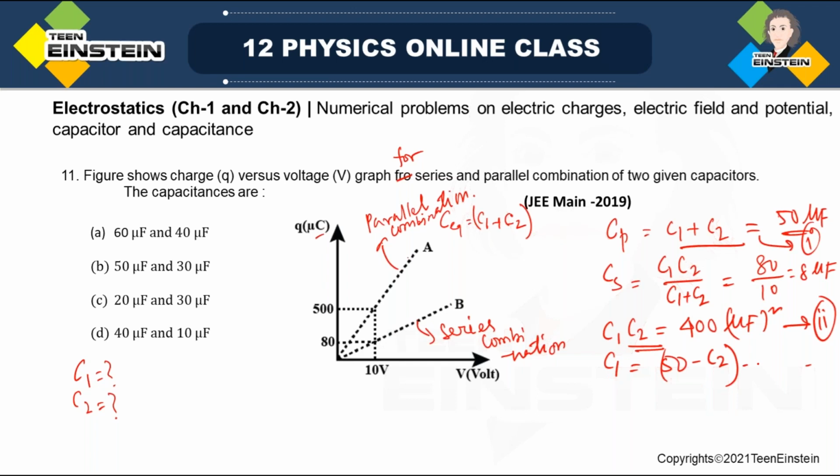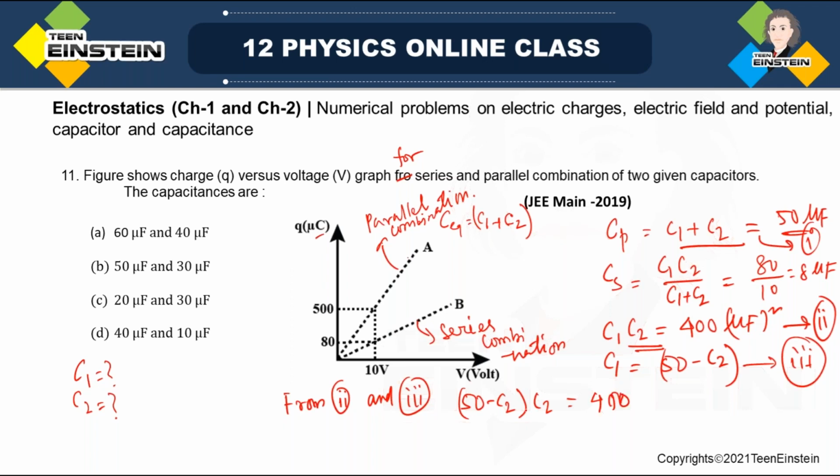Eliminating C1 by doing this. So this is 3, this and 3. So from 2 and 3, what we get? C1 is 50 minus C2 into C2, that is equal to 400.